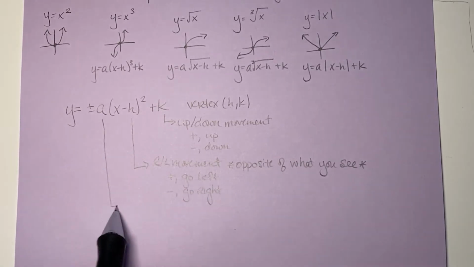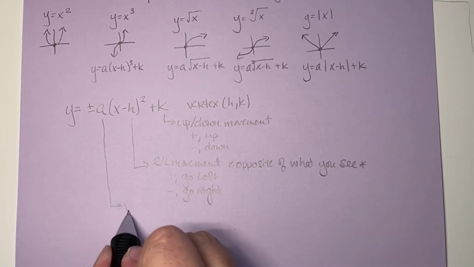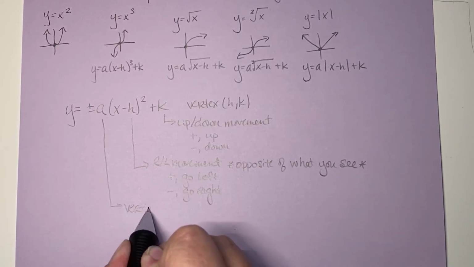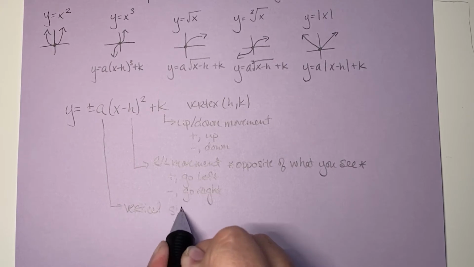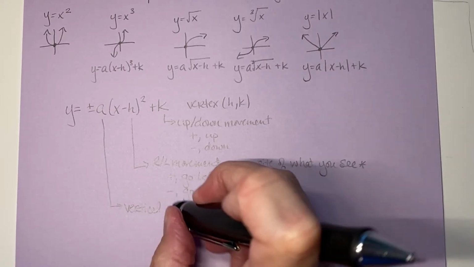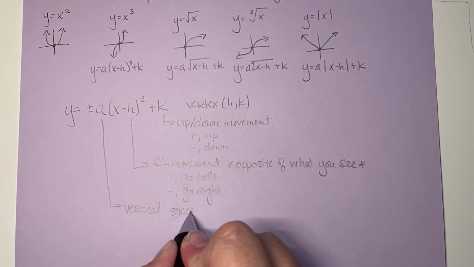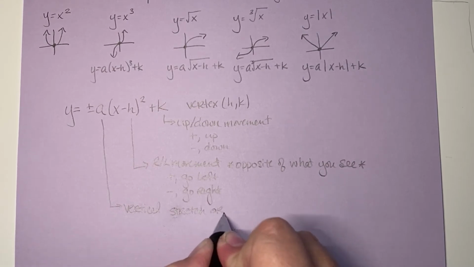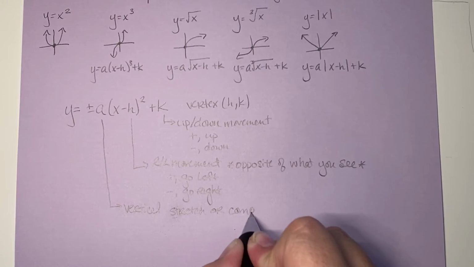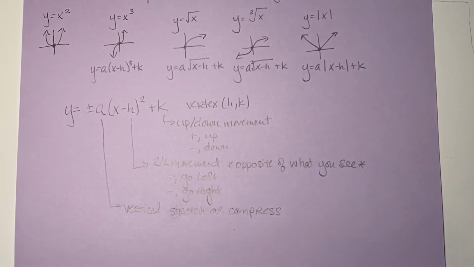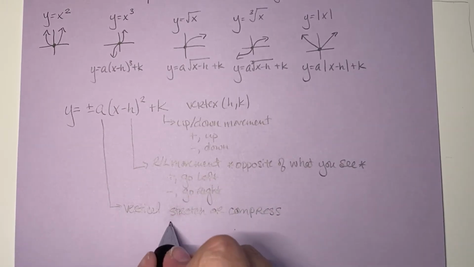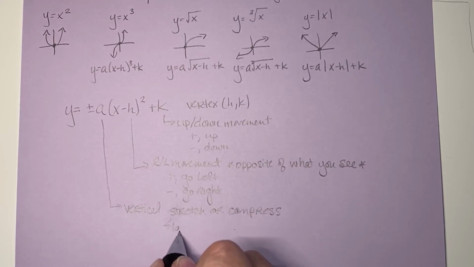Now this a in front tells us vertical stretch or compress. Okay, it'll be a stretch if the absolute value of a is greater than 1.